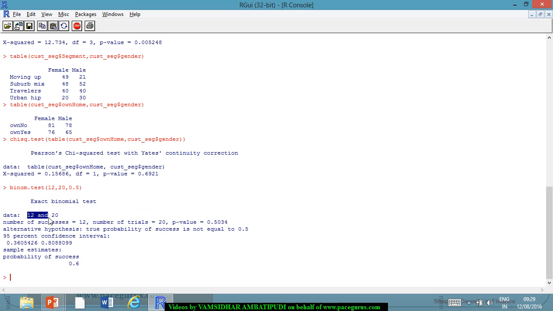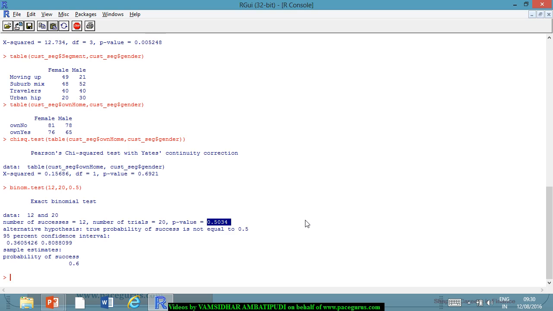The data is 12 successes out of 20 trials. The p-value is coming out as 0.5034, which is greater than 0.05.